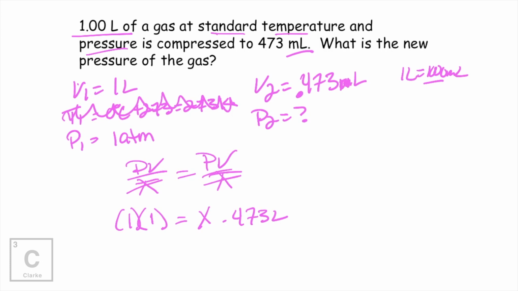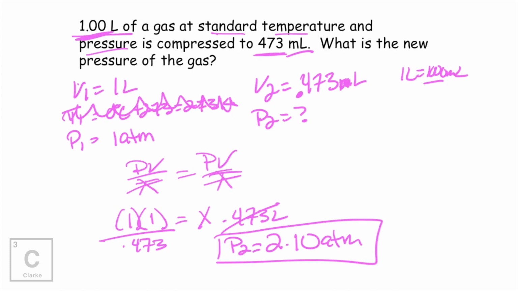We need to get X by itself, so we're going to divide by 0.473. We've got 1 times 1, that's just 1, and then divide that by 0.473. Our pressure 2 is 2.10 atmospheres. I was having to look at sig figs. Got 3 sig figs here, 3 sig figs here, so I needed 3 sig figs in my answer.